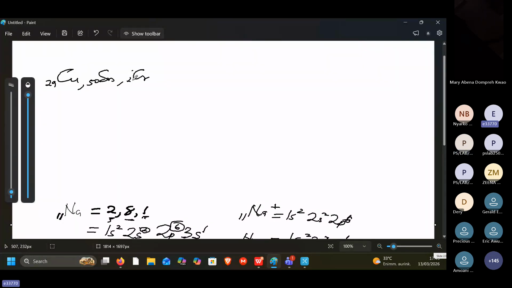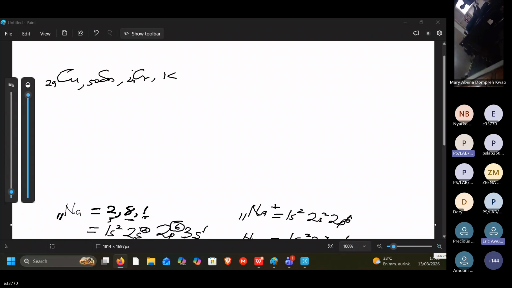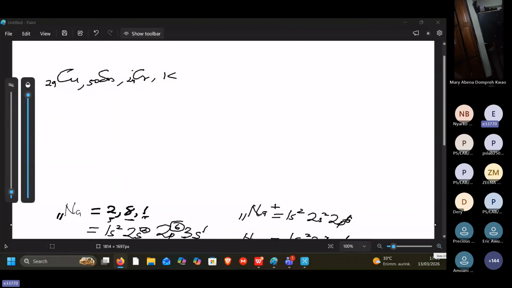Chromium 24. Potassium. What's the atomic number for potassium? 19. Okay. So let's do this. So let's try the electronic configuration for the following.